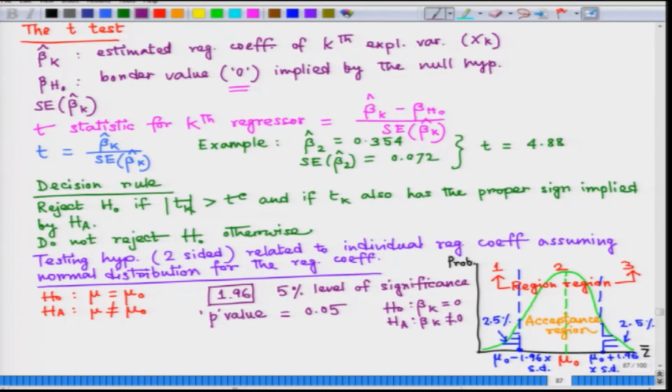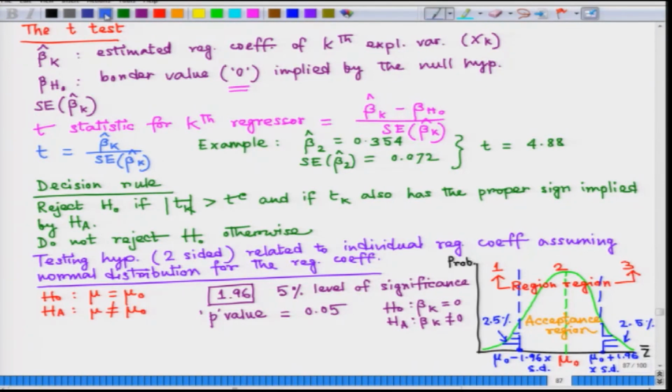Okay. If the p value is less than 0.01, then the probability is less than 1%, which means the null hypothesis would be rejected at the 1% level. And if the p value lies between 0.01 and 0.05, the null hypothesis would be rejected at 5%, but not at the 1% level.